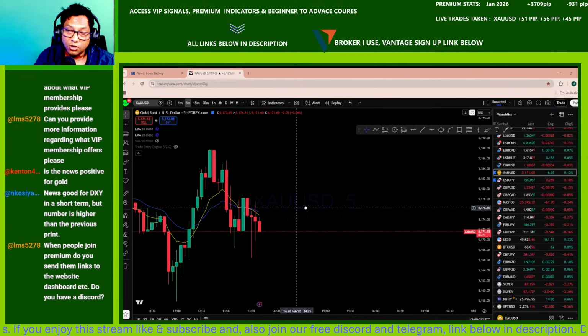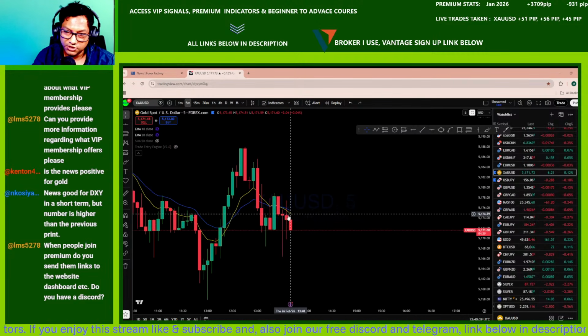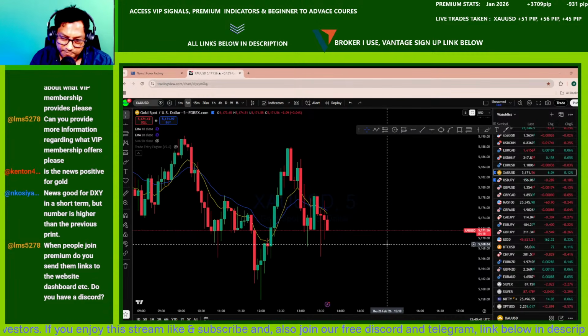With this long wick candlestick pattern, this is a long wick doji here that you can see in that area.